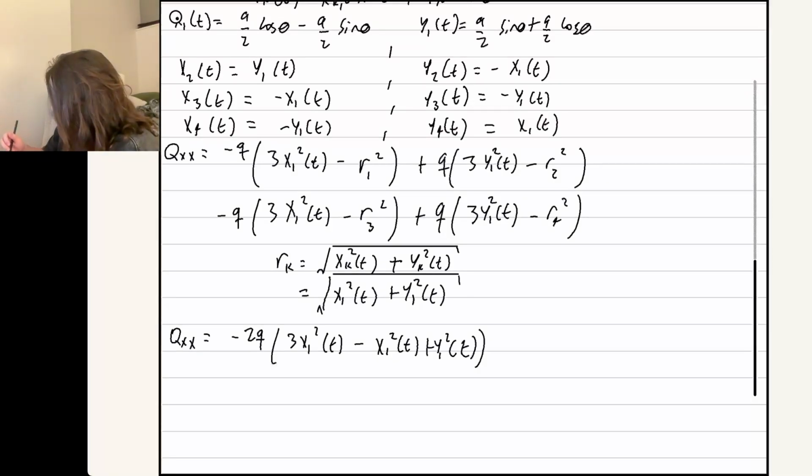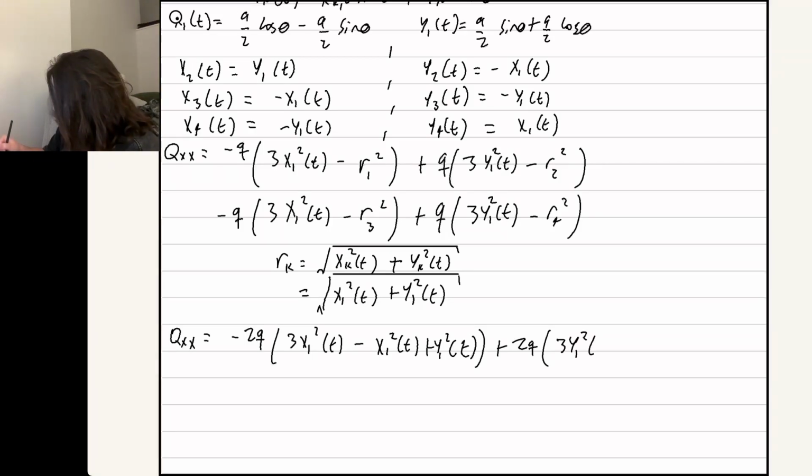Okay, and then you're going to have plus 2q, you'll have 3y1 squared of t, minus, and then there's supposed to be a minus sign here as well, minus x1 squared of t minus y1 squared of t.